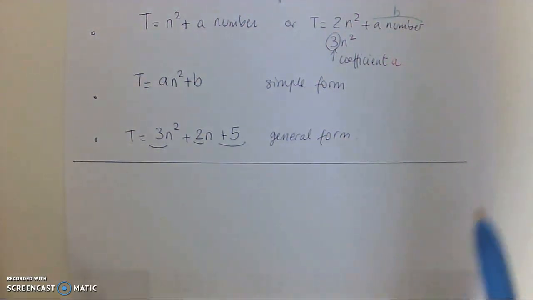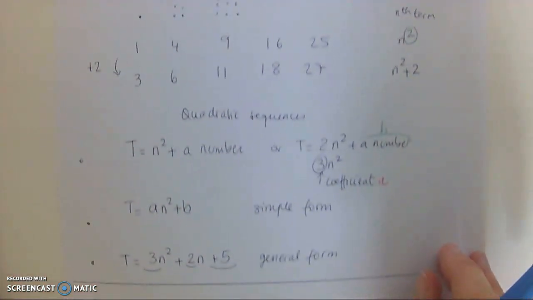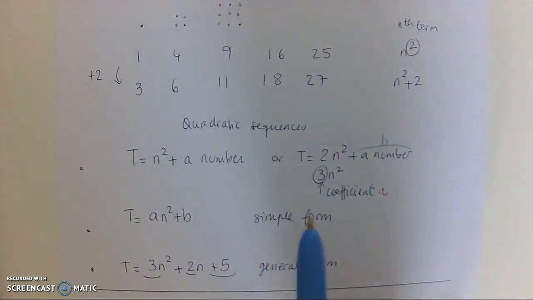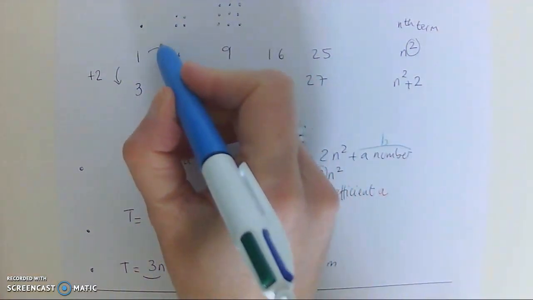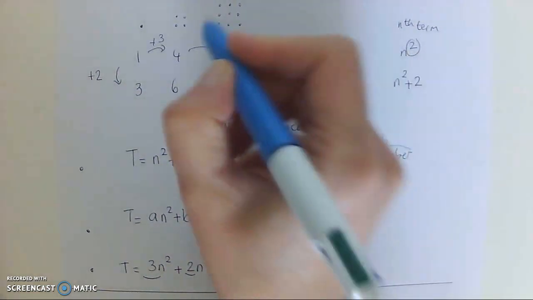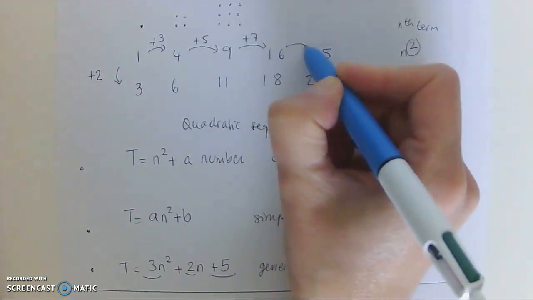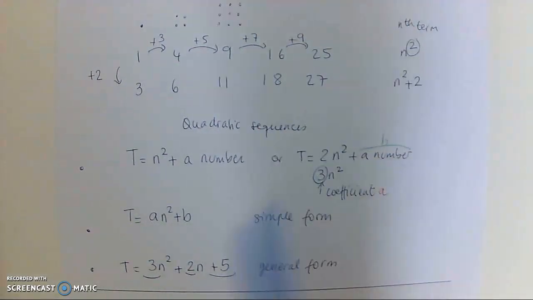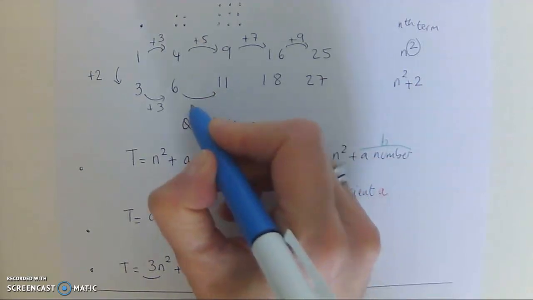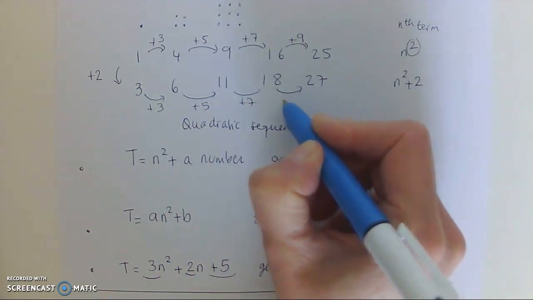Okay, so we now have a simple form that we looked at, and also a general form that we looked at. Now when we did the work on the simple quadratic equations like these ones, we noticed that we were trying to see, is it going up by a single number, is it linear, and we kept finding it's not. But we might have noticed that we're going up by the same amount as the one above.